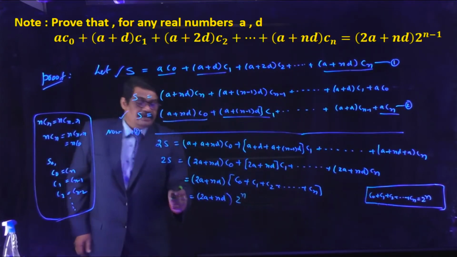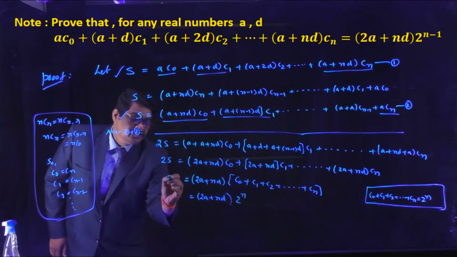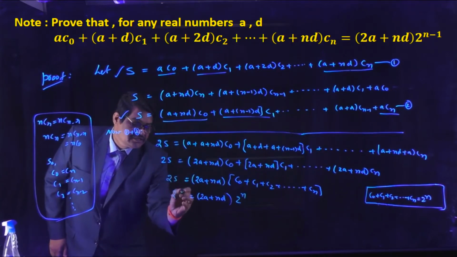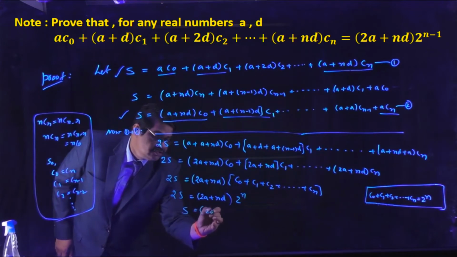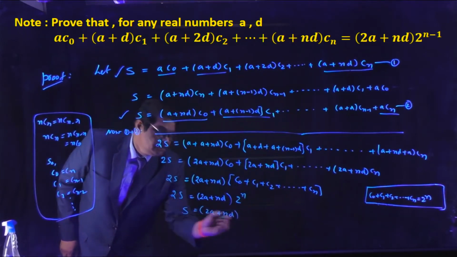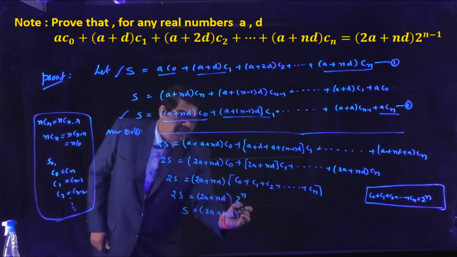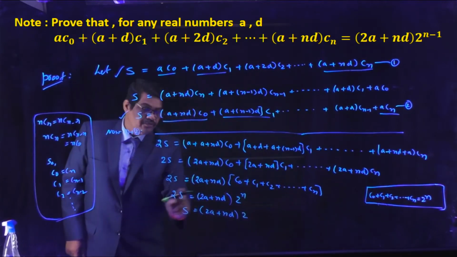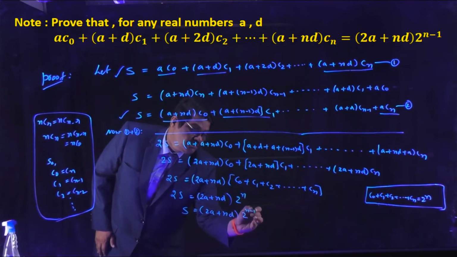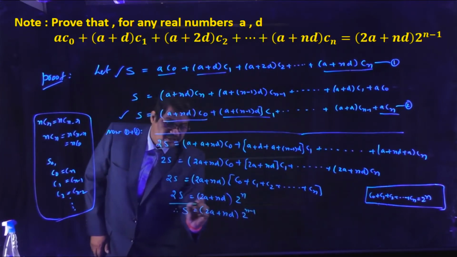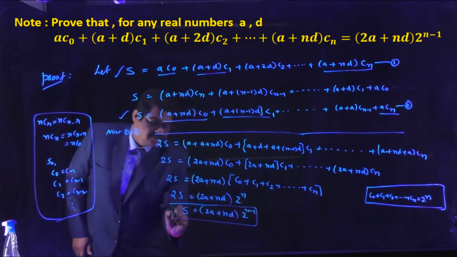Now the LHS is 2S. From that, S is equal to 2A plus nd into 2 to the power of n by 2, that is this 2 is moving to this side, 2 power n by 2, that is 2 to the power of n minus 1.